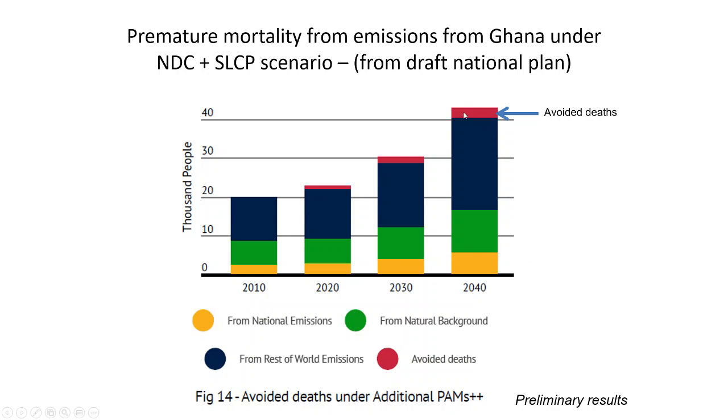And this is what Ghana can control. And actually, if we look at this reduction, we are reducing the number of premature deaths caused by Ghana's emissions by 1/3. So we've got a 33% reduction in the contribution of Ghana's emissions to air pollution health impacts, which is pretty good.